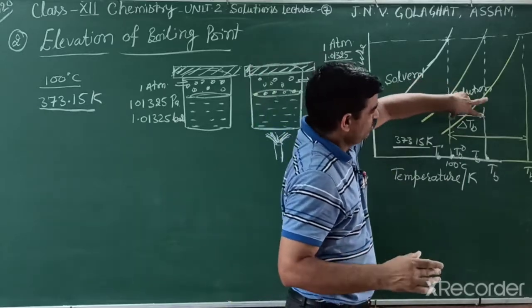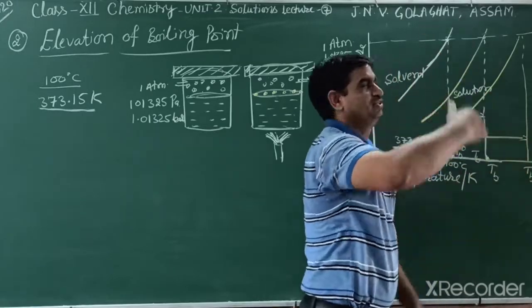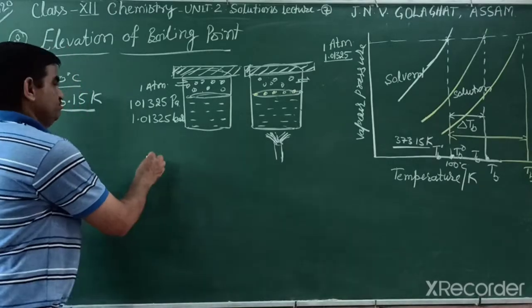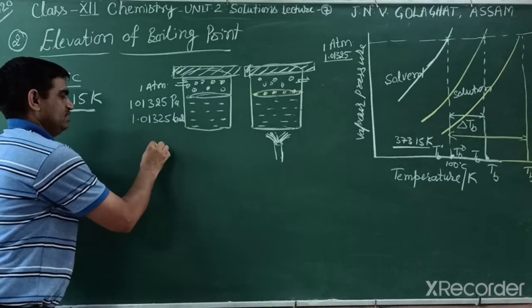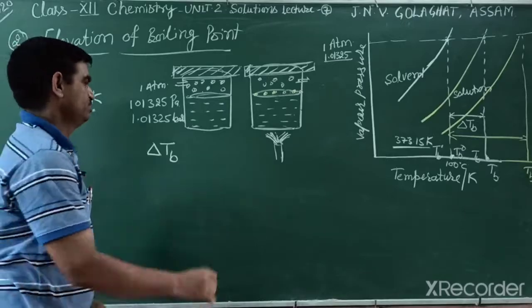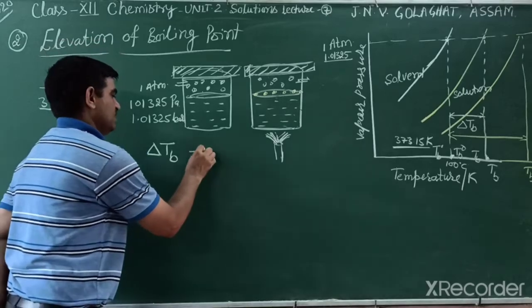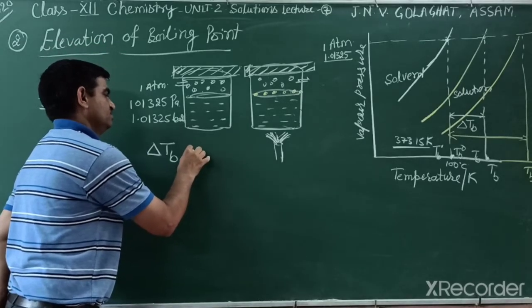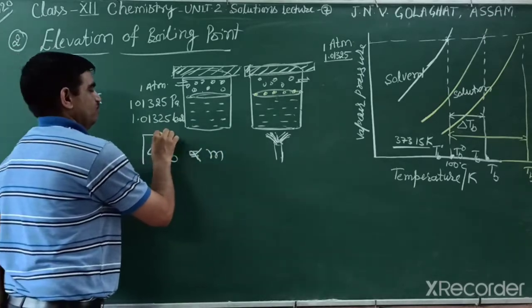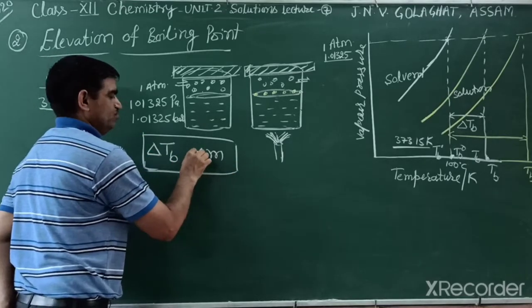If you mix 1 mole, there is this boiling point; if you mix 2 moles, the gap increases; with 3 moles, 4 moles, the boiling point increases further. So how can we write this mathematically? Delta TB, the elevation in boiling point, is directly proportional to molality.